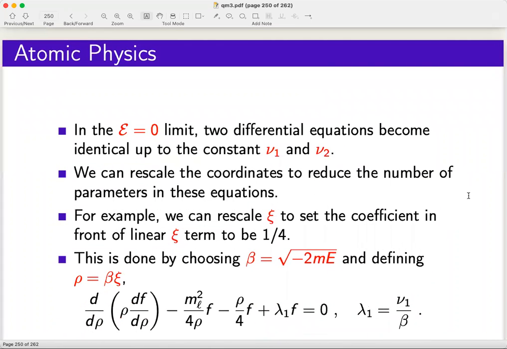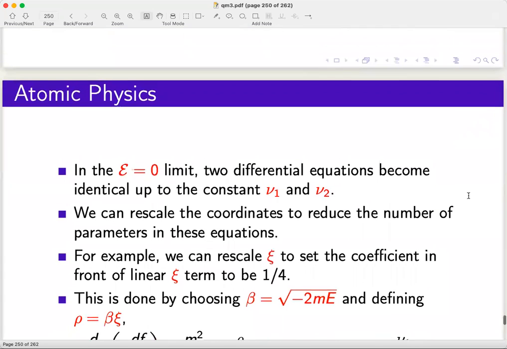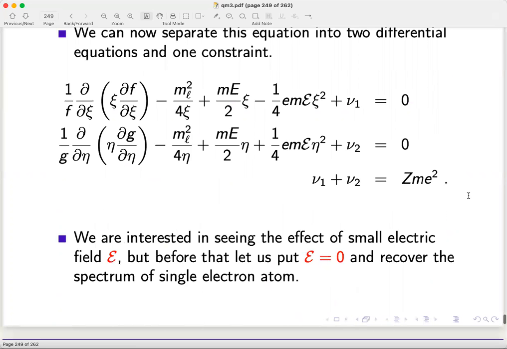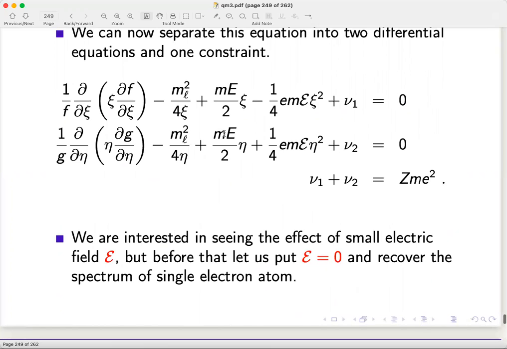First thing that we could do is rescale the coordinates in such a way that we can set the coefficient in front of the linear xi or linear eta term to be some fixed number. I will choose that to be 1/4.